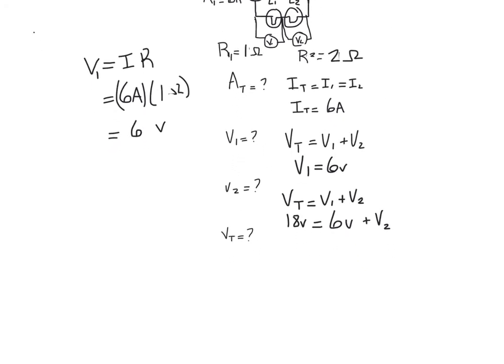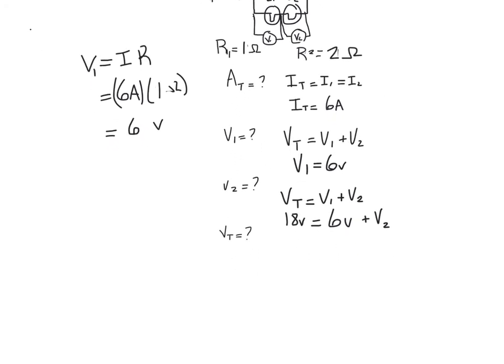If we rearrange that formula, then we know that 18 minus 6 is equal to V2, which is 12 volts is equal to V2. And we've already figured it out up here, but VT is equal to 18 volts.